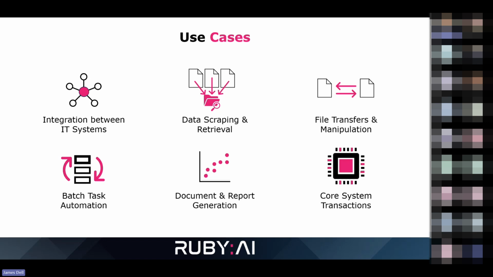Realistically, Ruby AI is there to empower you to be more functional. So what you can do is really take this to the next level. There's not going to be too many use cases you bring to us where we're going to say that's not right. What we are going to do, though, as part of our process is have that conversation with you, have a design workshop where we'll say, let's understand what your business processes are, and let's try and see where Ruby will fit.